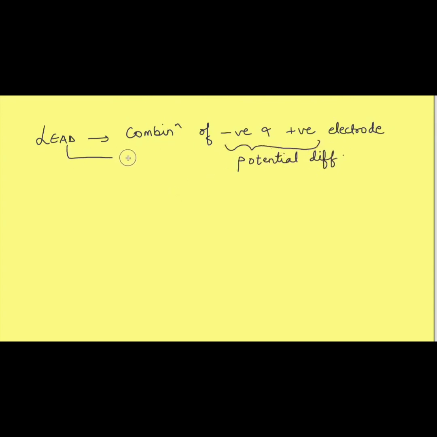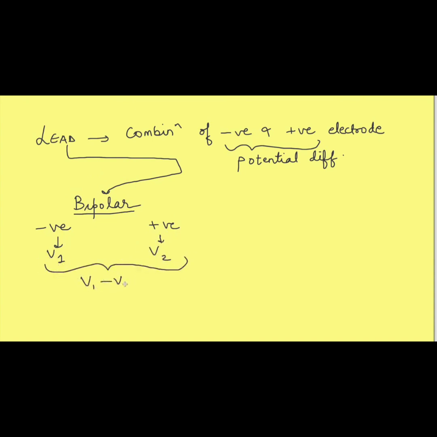So first let us see what is the meaning of these terms unipolar and bipolar and what is the direction of these leads. A lead records potential difference between its two electrodes. Both unipolar and bipolar leads do that. In bipolar leads, both the electrodes are at some potential and lead records the potential difference between them.